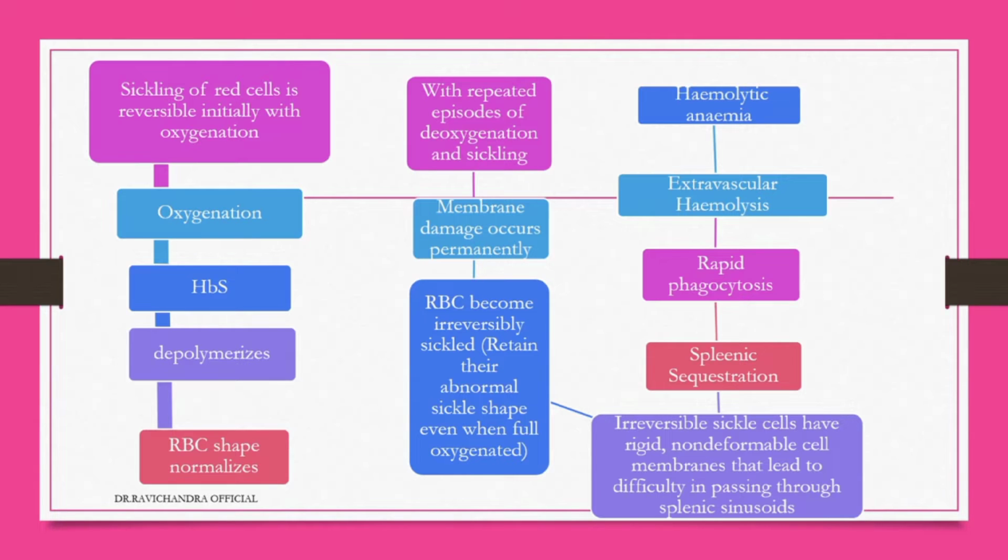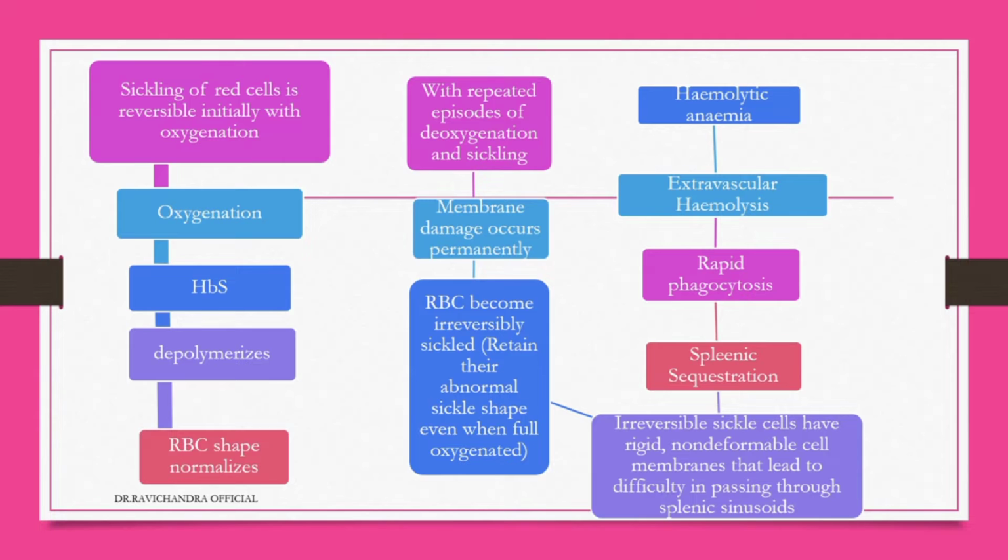But with repeated episodes of deoxygenation and sickling, membrane damage will occur permanently and the RBCs become irreversibly sickled. That is, they will retain their sickle shape even when fully oxygenated.